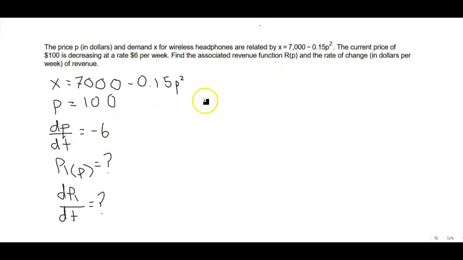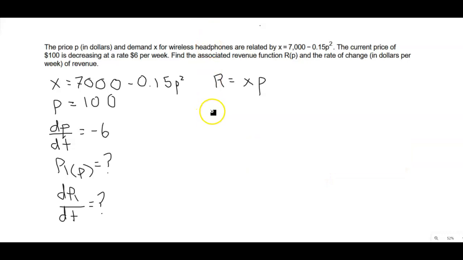So in this case, our revenue function is just our demand, which is the number of items we sell, so that's going to be X times, well, what is the other part? That is the price, right? So again, if I sold 5 items for $5 apiece, multiply those together, and my total revenue would be $25.